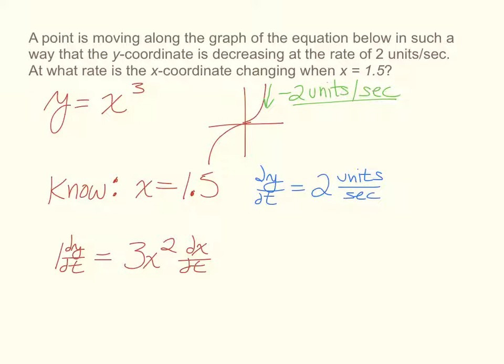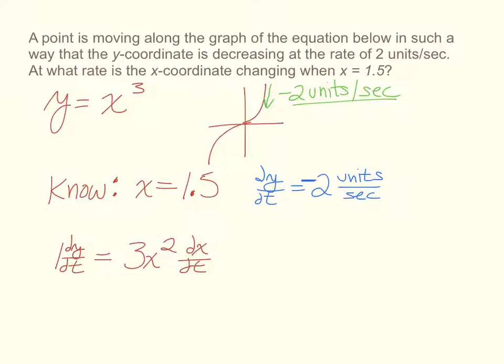All we need to do now is substitute in what we know into our equation, that is x equals 1.5. The rate that y is moving is negative 2 units per second. Put that negative there.